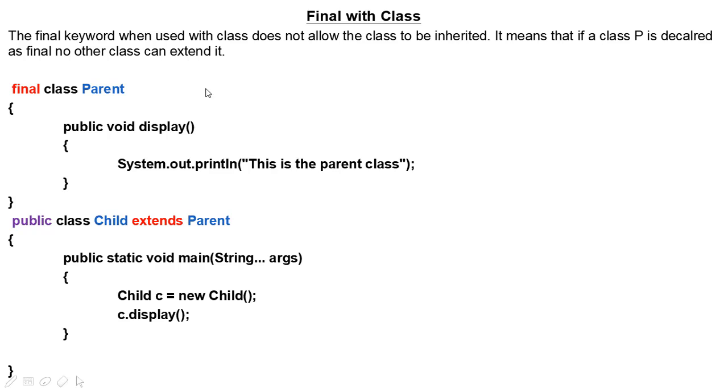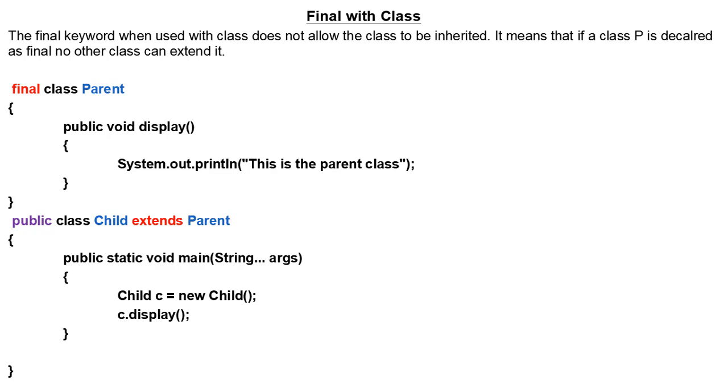As you can see, I have a parent class which has been declared as final, and that parent class has a particular method display which displays the message "this is the parent class" on the console. There is another class which is child, and this child class tries to extend the parent class.